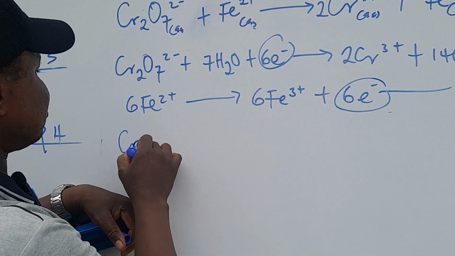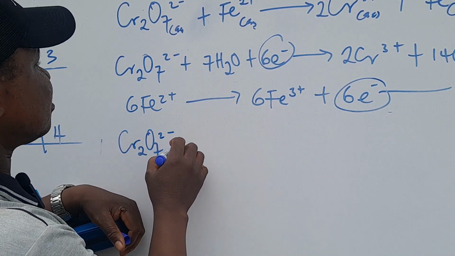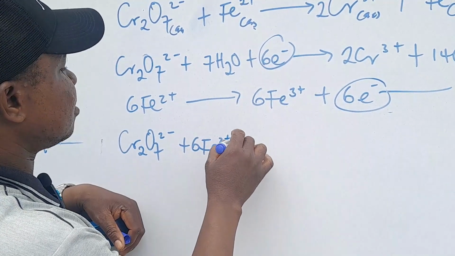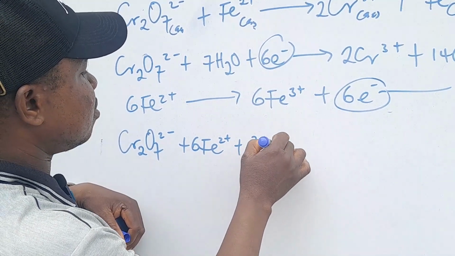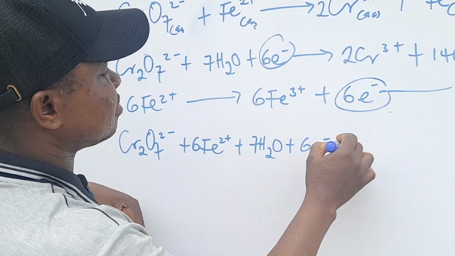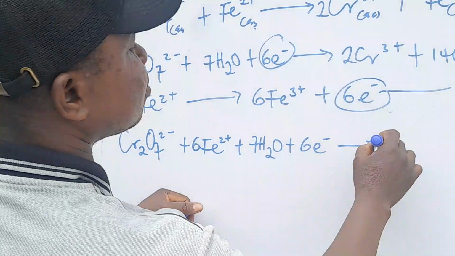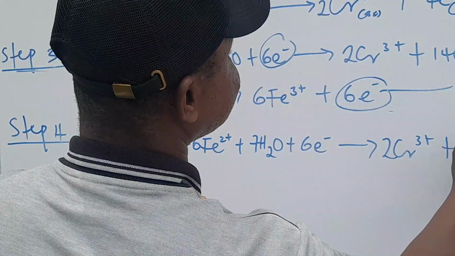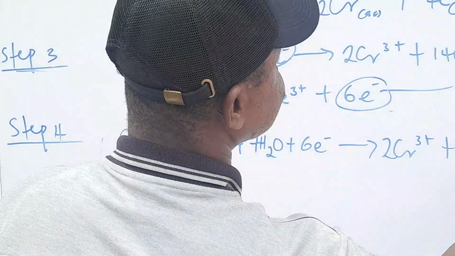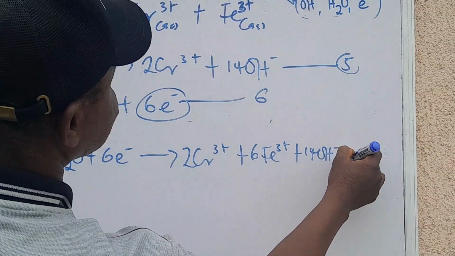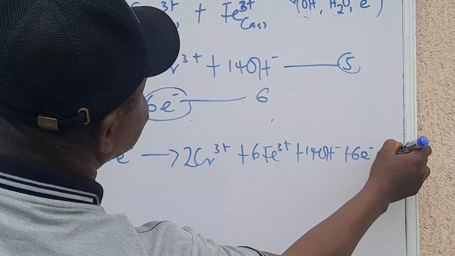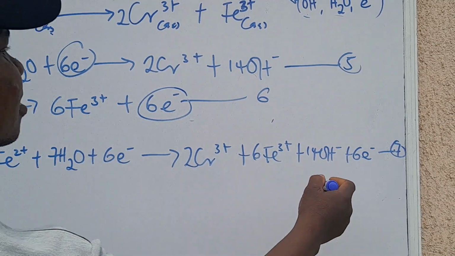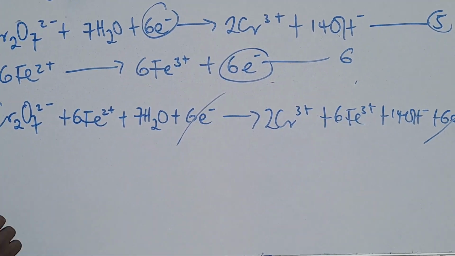So Cl2O7 2- plus 6Fe2+ plus 7H2O plus 6e- going to 2Cl3+ plus 6Fe3+ plus 14OH- plus 6e-, equation 7. So that's equation 7, right? Right. So this can cancel this.